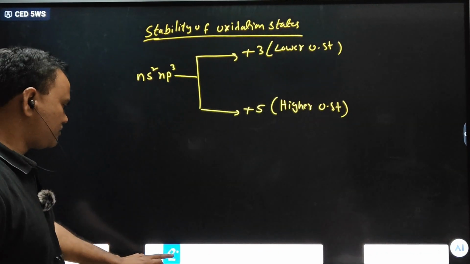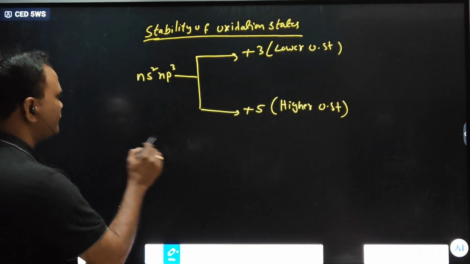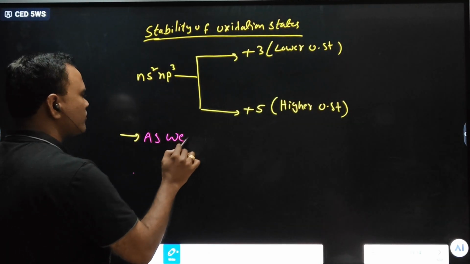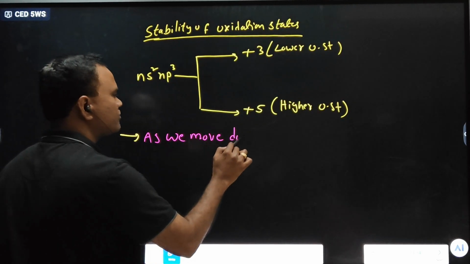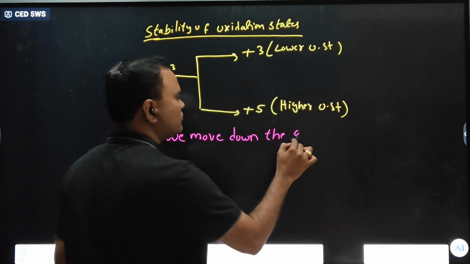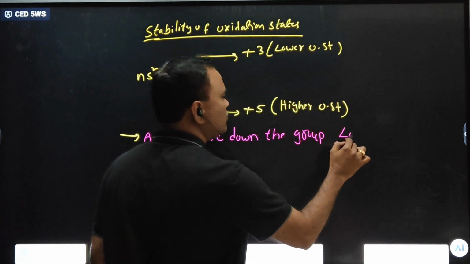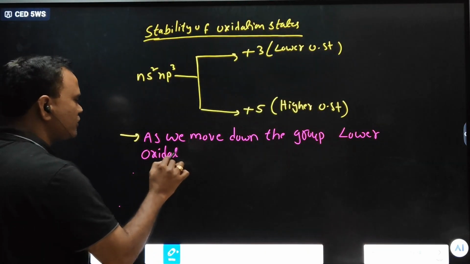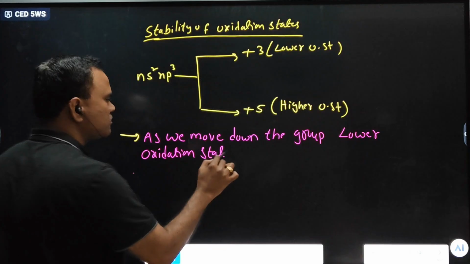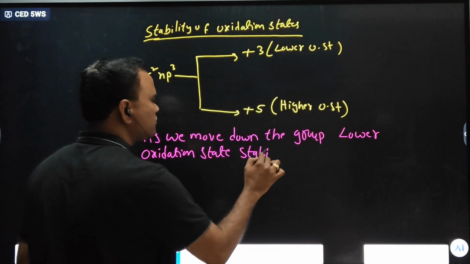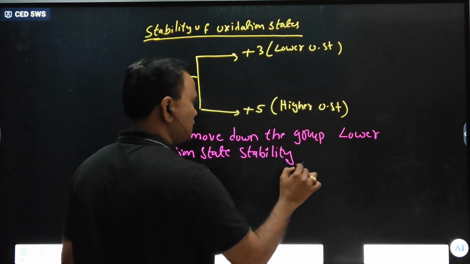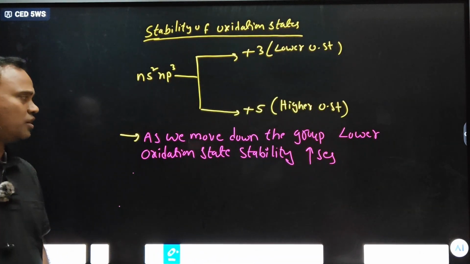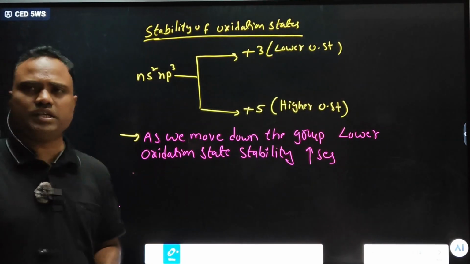See, first statement: as we move down the group, lower oxidation state stability increases.